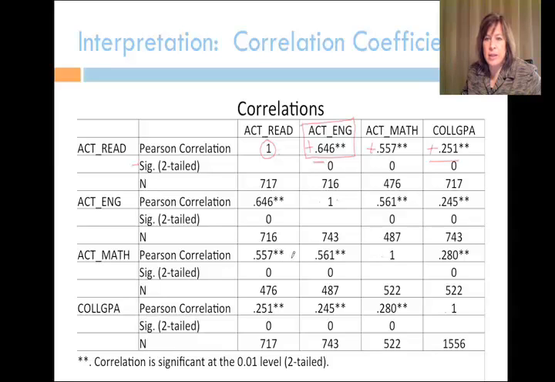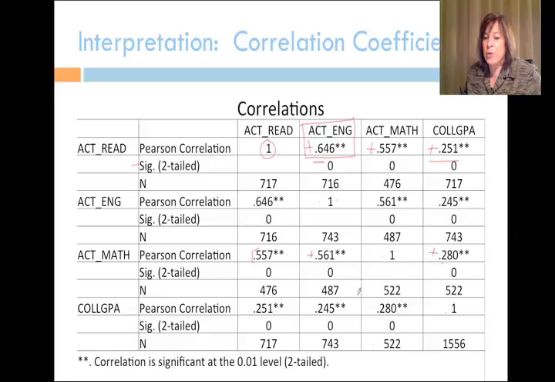Let's look at something different. Let's look at ACT math. The Pearson's correlations are a little different across. This one, of course, is the same as this one. We already looked at that relationship. But ACT math with ACT English, positive, but only a moderately strong relationship at 0.5. Again, ACT math with college GPA, still positive, but a weak relationship at that 0.2. There are no inverse relationships identified or represented on this matrix.